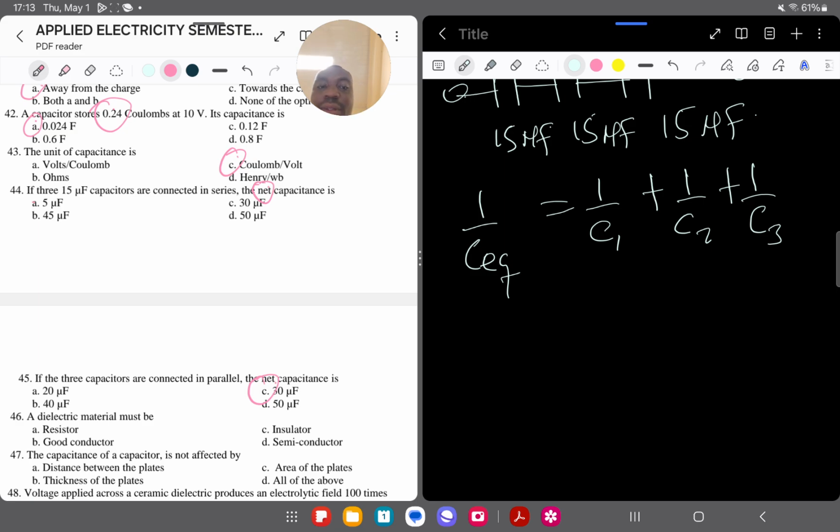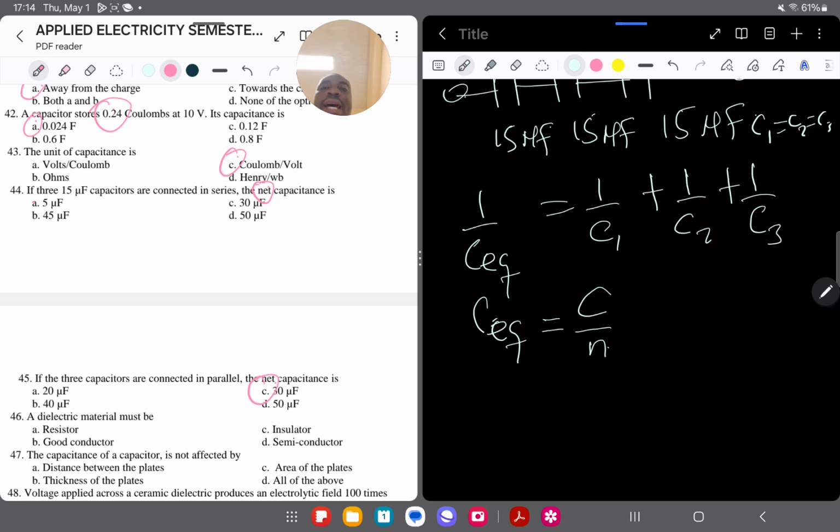So we have this formula, right? Now with this, you can reduce this further. If C1, C2 and C3 are all the same, the shortest way is to take the capacitance over the number of capacitors. Since they are identical, C1 is equal to C2, which is equal to C3.